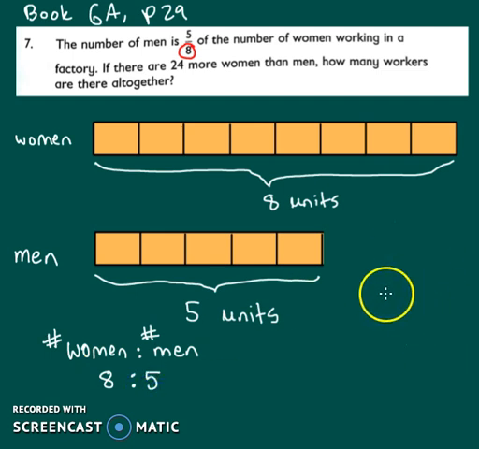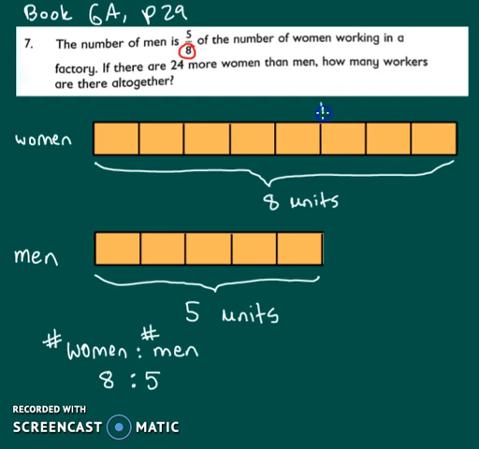Now, what is the question? They want to know if there are 24 more women than men, how many workers are there altogether? So what do we need to pay attention to? We need to look at how many units there are more of women than men, first of all, and we can see that here.